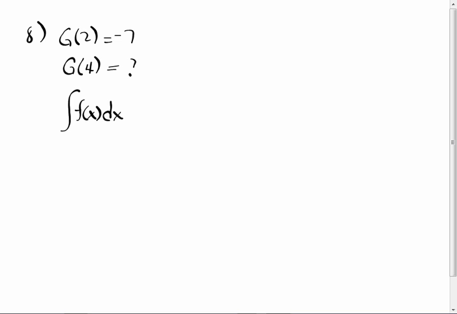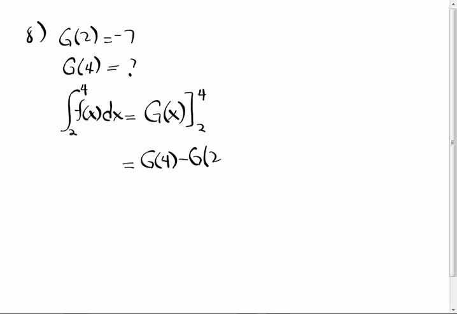We're going to integrate from 2 to 4. That's equal to the antiderivative of f, which they said was g, evaluated at 2 and 4. So this is equal to g of 4 minus g of 2.